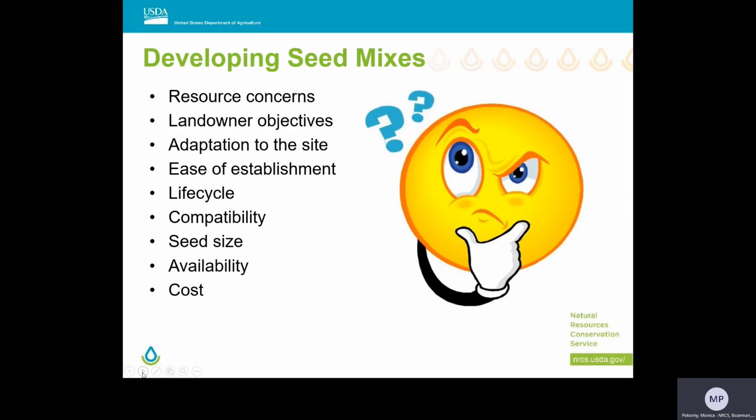We've been talking a lot today about a lot of different things you need to consider while you're developing a seed mix: the resource concerns, the objectives, the compatibility of different species and how easily they establish, seed characteristics, and more. I know that it can be a little bit overwhelming, but with practice, it's really not that difficult, and it can also be a fun exercise.